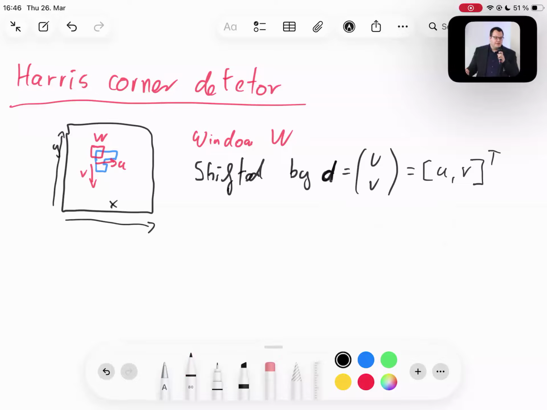So we move it along UV. So here's my U, here's my V. And if I move this window around, then the intensity within the window will change. And I'll show you this.